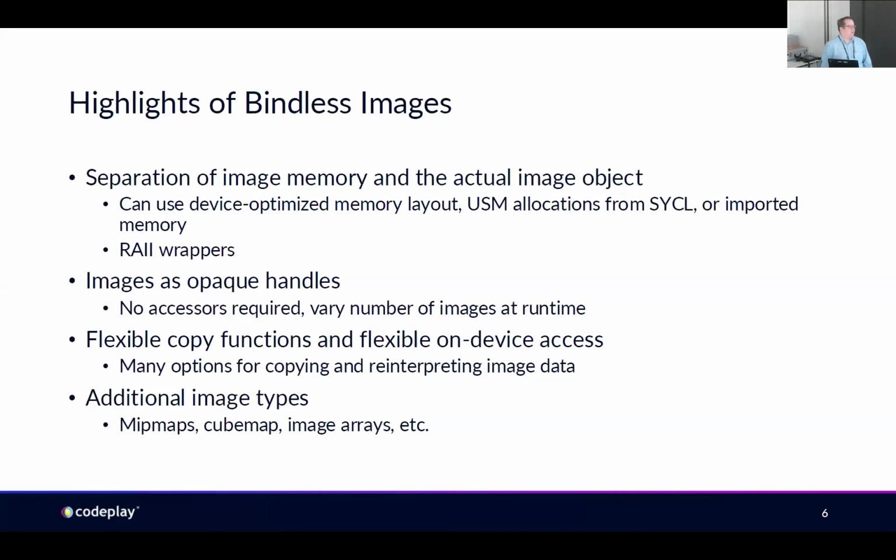No accessors are required, and you can have any number of images at one time. You just need to access them appropriately. We have flexible copy functions and flexible on-device access, many different options for copying and reinterpreting image data, as well as additional image types such as mipmaps, cube maps, image arrays, and sampled image arrays.